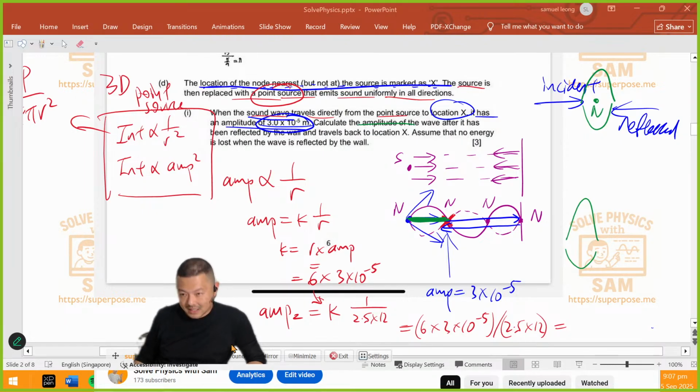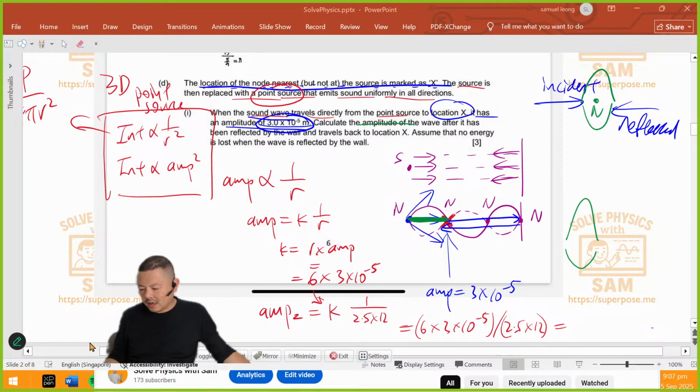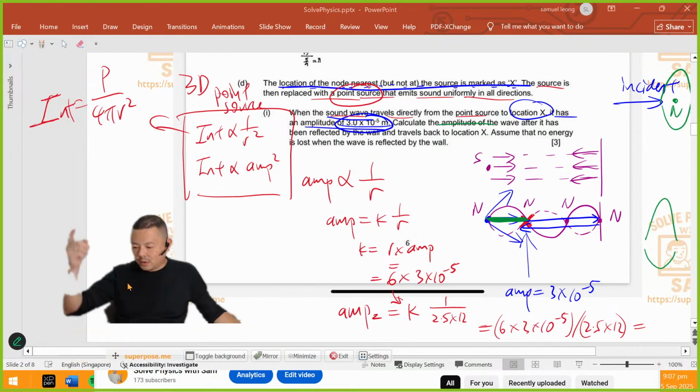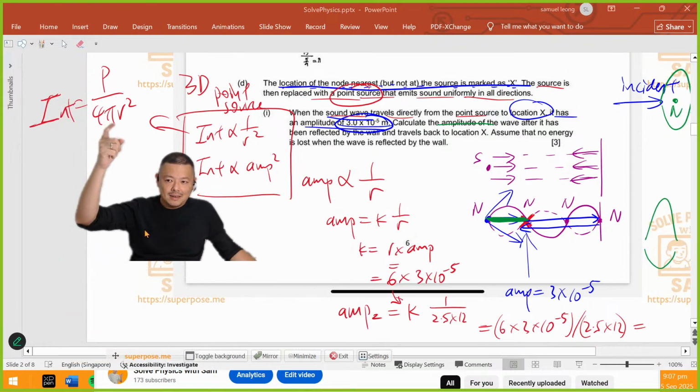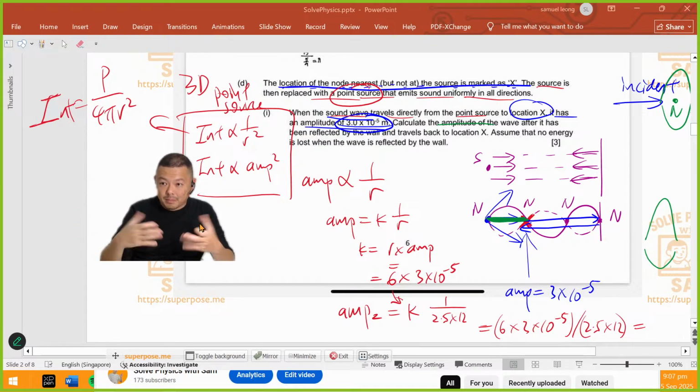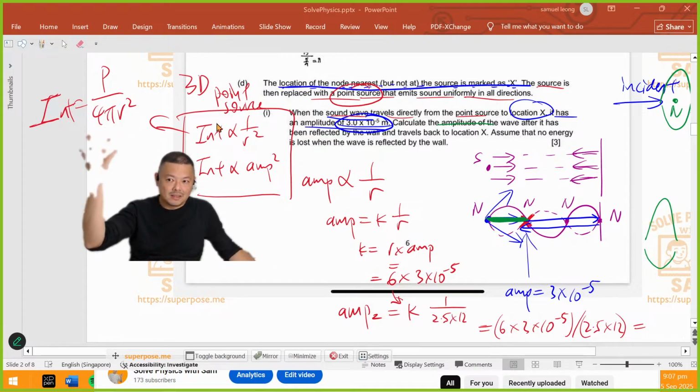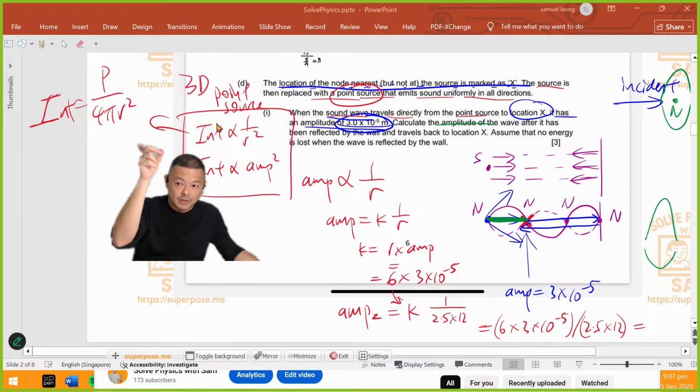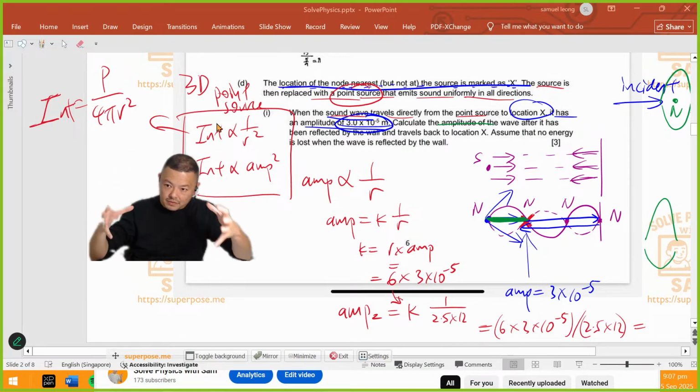No, no, it's 2 pi r. If it's pi r squared, you end up with the same calculations as this, because the only difference between a flat circular area pi r squared and this is 4 pi r squared. This is the surface area of a sphere, the point source spherical surface area.